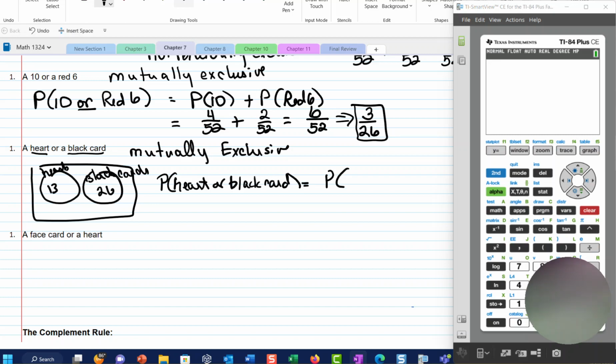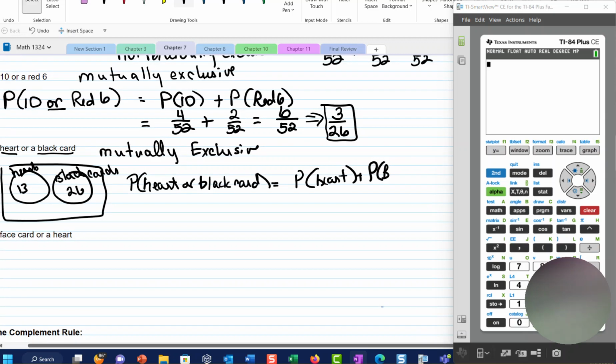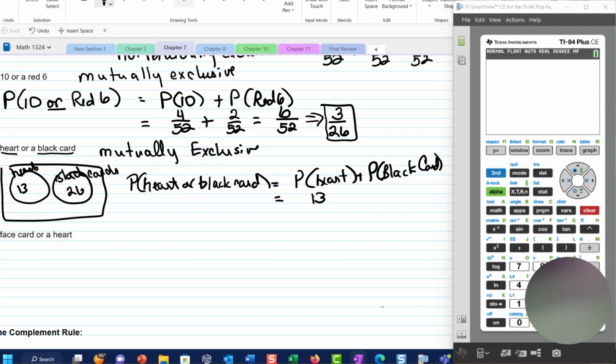Probability of the heart plus, because it's an or, probability of a black card. Right. So hearts are 13 because it's an entire suit out of the 52.